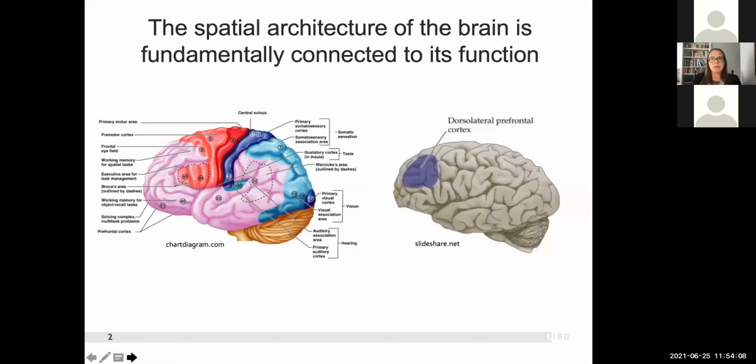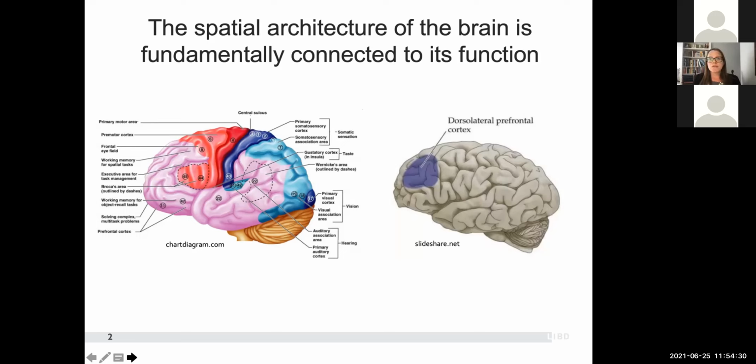A remarkable aspect of the human brain is its highly organized structure-function relationships, especially in the cerebral cortex. The cortex plays a key role in many functions, including perception, awareness, thought, memory, language, and movement, to name a few. Specialized cortical areas subserve each of these functions.